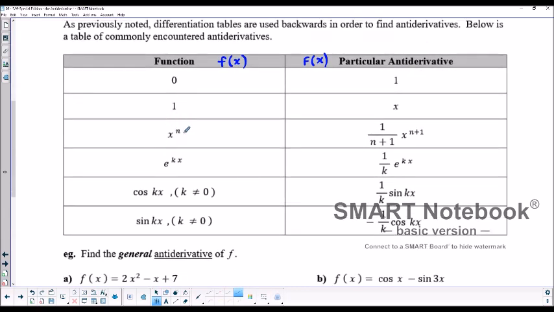And so when we've got x to the power n, the antiderivative of that is you add 1 to the exponent, and then you multiply by the reciprocal of the new exponent. Okay, so this is always the new exponent, or the new power, whichever you like to say. But you always have to recall that you're always adding 1 to the exponent of the given function to get the antiderivative.